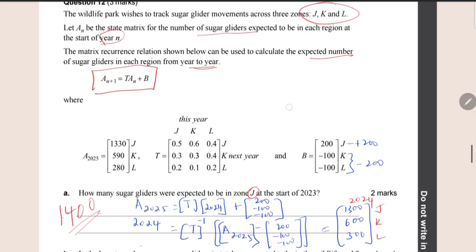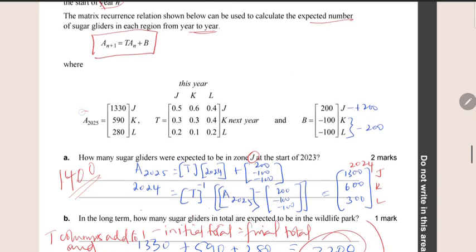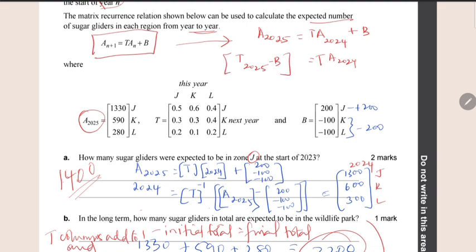Here, 2025 is given. So that's like going backwards, isn't it? We know that A 2025, according to this equation, is T times A 2024 plus B. And so T times A 2024 is A 2025 minus B, which gives you a matrix.